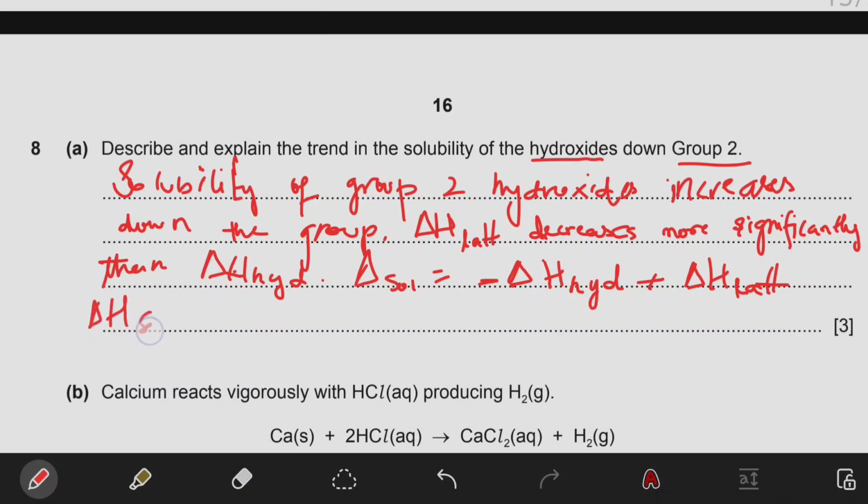Enthalpy change of solution becomes more exothermic, and the more exothermic the enthalpy change of solution becomes, the more solubility increases.